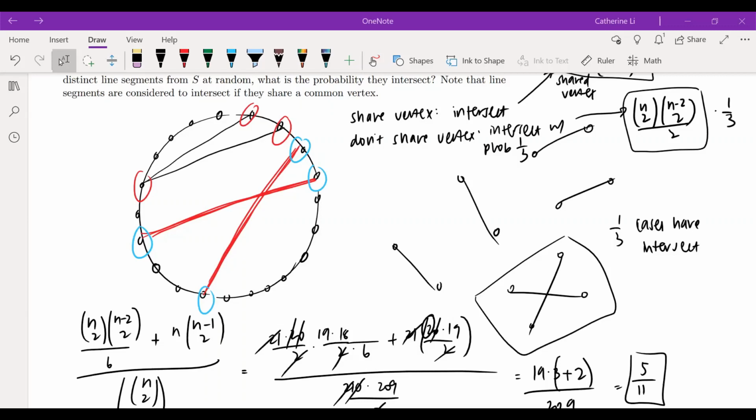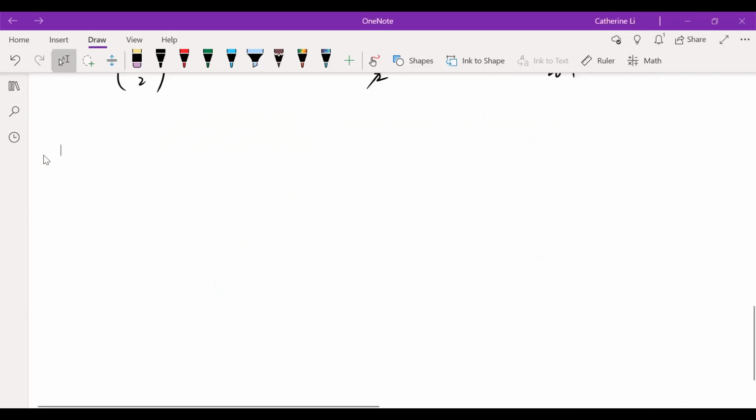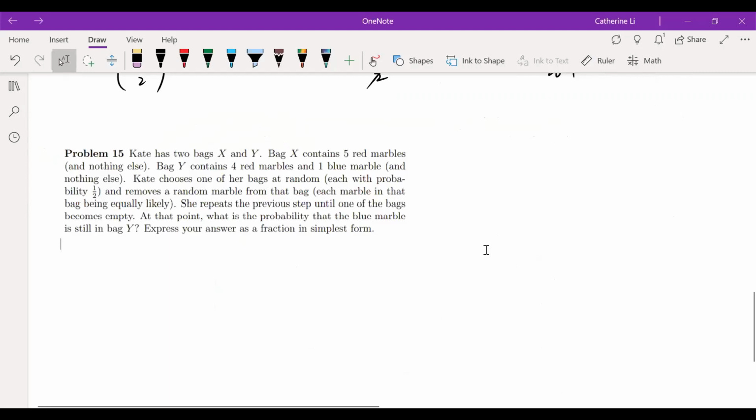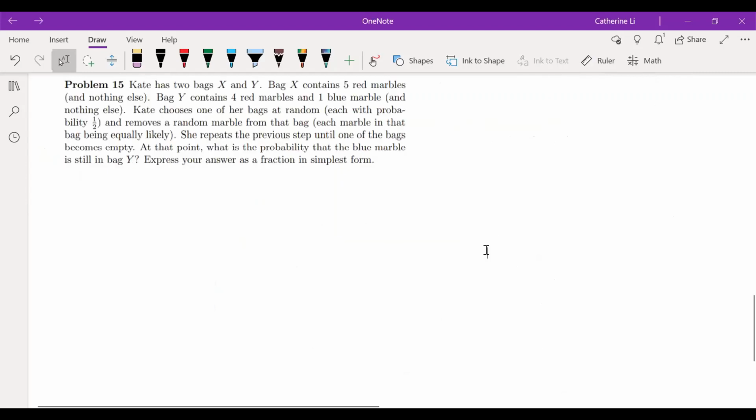Okay, so the last question is from Math Prize, and it's about bags and marbles. So we have 2 bags, X and Y. One of them contains 5 red marbles, and the other one has 4 red marbles and 1 blue marble.